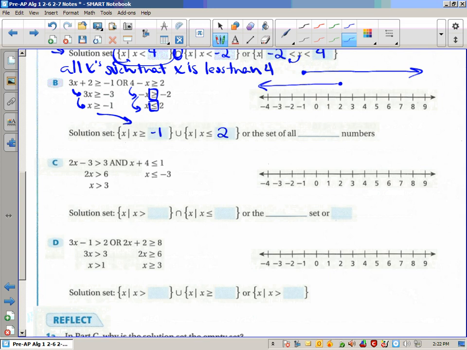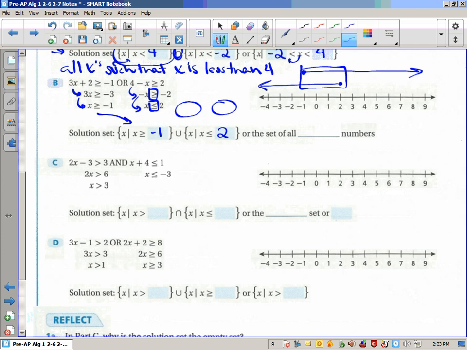Now this is an interesting situation because with what we talked about in the previous page, we had two graphs that didn't overlap. Okay, well look at this. We have a section right here that overlaps. That is included in our solution.